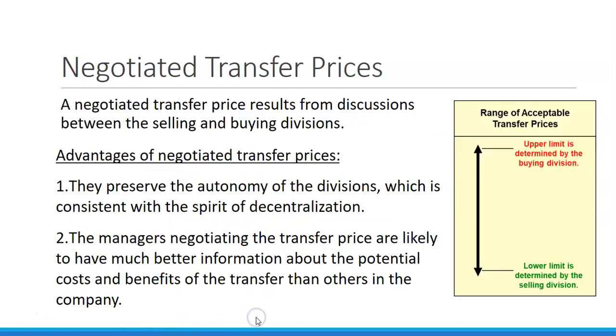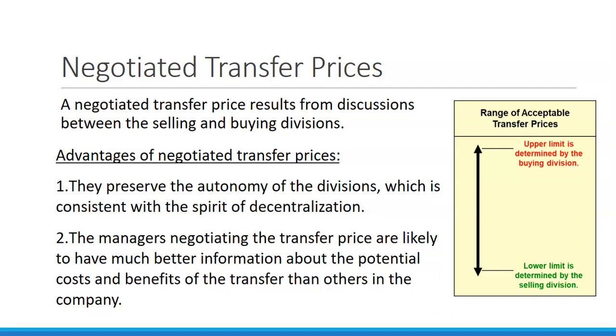So first we look at negotiated transfer prices. So this is when the managers from the selling and buying division sit down and have a meeting and talk about what prices they're willing to pay to negotiate something that is acceptable for both divisions.